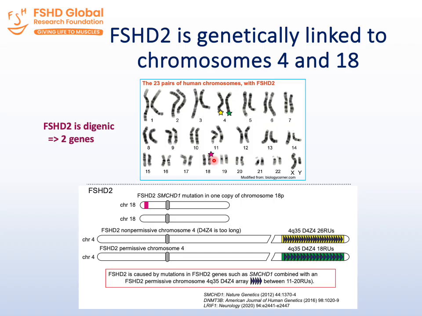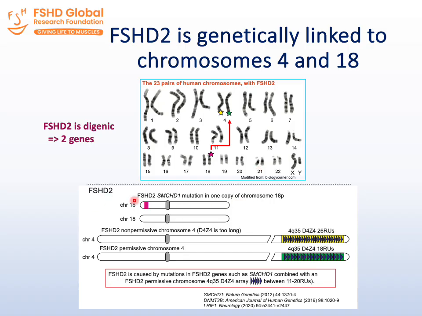So what's the relationship though? Well, the gene product of the chromosome 18 gene, the SMCHD1 gene, functions to regulate expression of DUX4 on chromosome 4. So they are functionally linked as well.